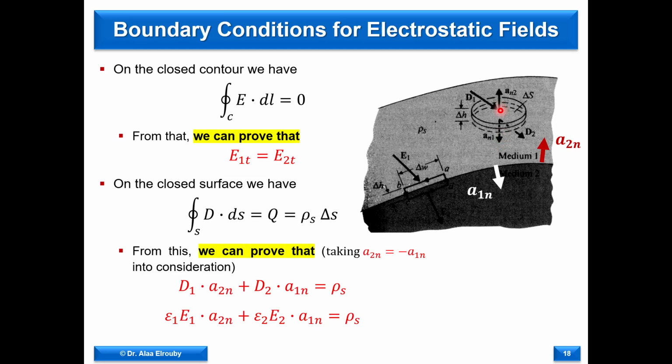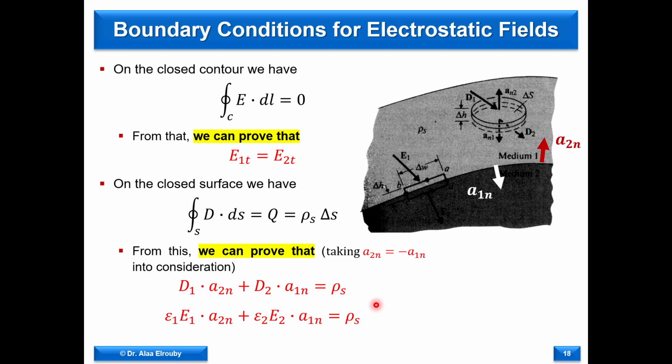Remember that the top surface is going in the direction of A2N, and the bottom surface is going in the direction of A1N. So D1 dot A2N plus D2 dot A1N. A1N and A2N, of course, are the negative of one another. So the difference between D1 and D2 equals the surface charge density.